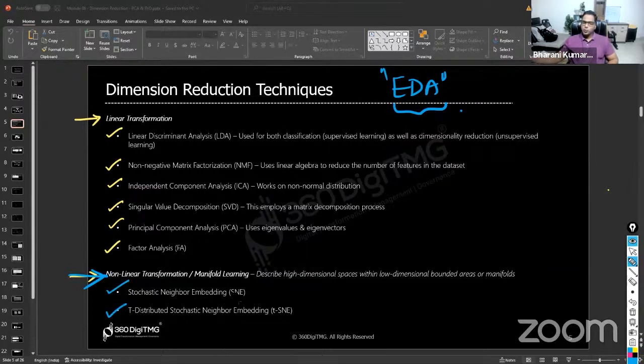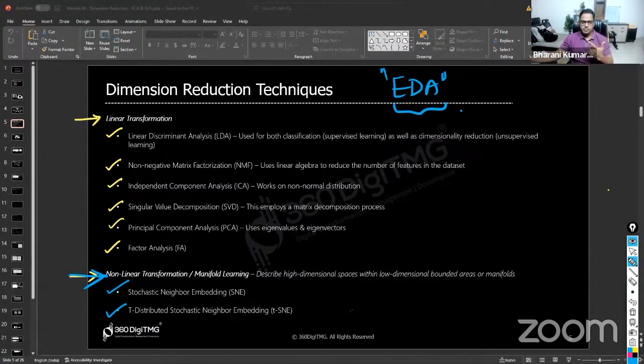These are the techniques which work very well, especially when you have textual data. Textual data, you cannot imagine as a linear problem. When you have textual data, it will have very high dimensions, too many words to deal with. So this is how you figure out which algorithm works well. That is point one.